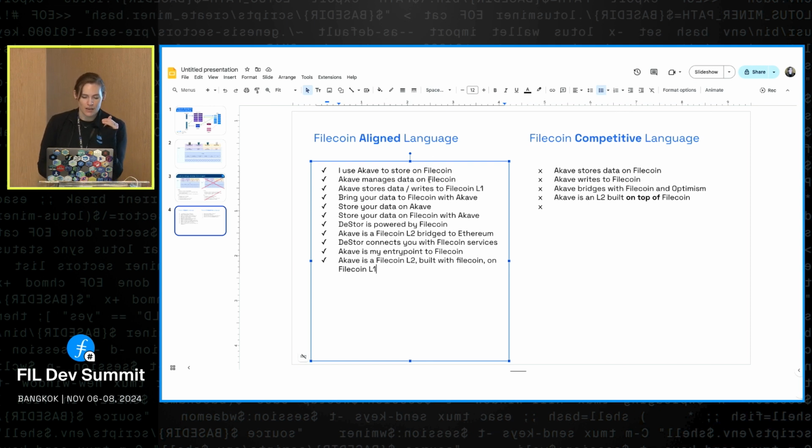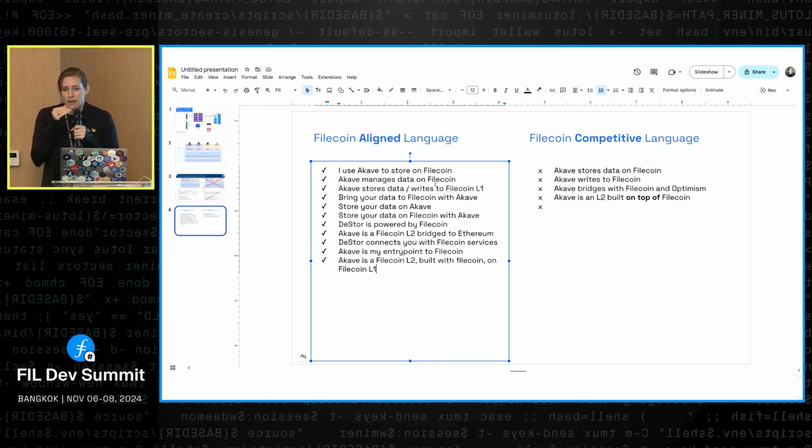But from my vantage point, if you're on Filecoin, it's difficult for someone to come to you and be like, "Great, you are Filecoin. I am using you to store data on Filecoin." You are Filecoin. You're on L1. Like you're an application on L1.